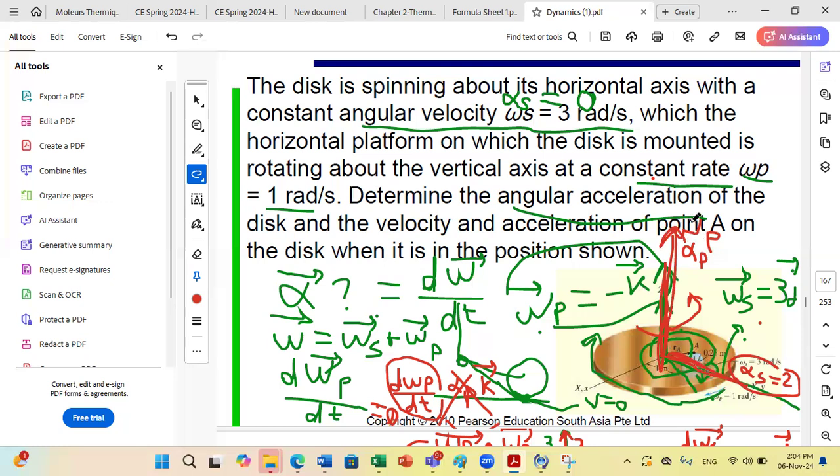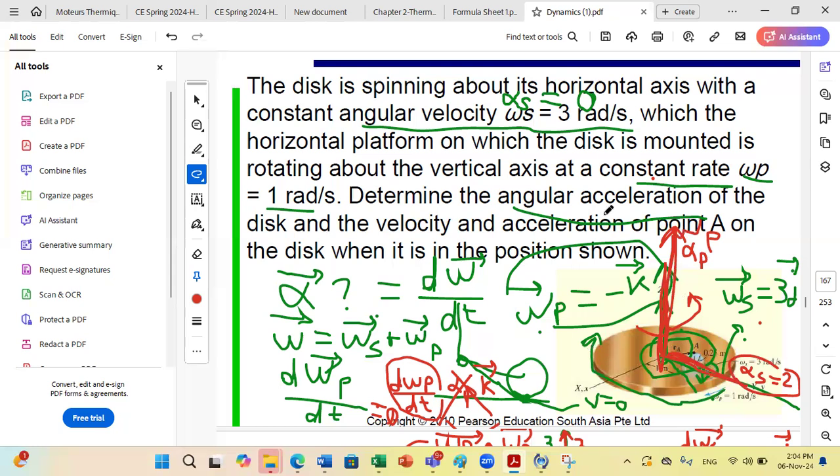If you derive omega p with respect to time and omega p is only changing in magnitude, not in direction, alpha p will be collinear with it. But if omega is changing in direction, then alpha, due to this effect of change in direction, will be perpendicular to the plane formed by omega p and omega s.